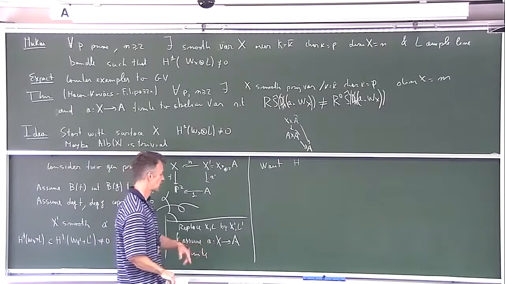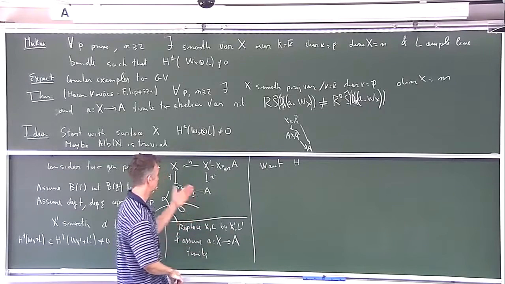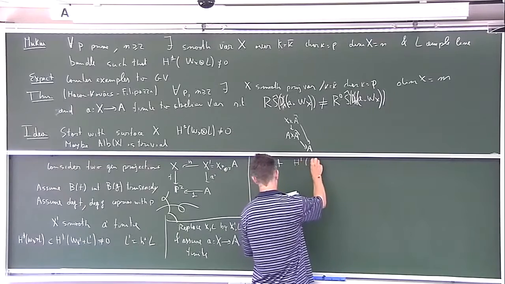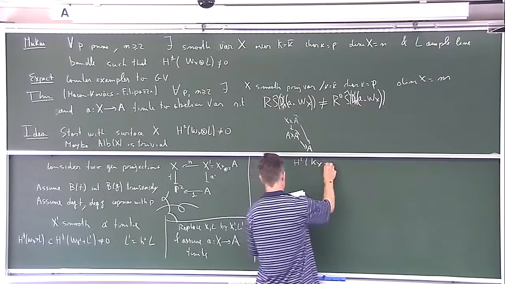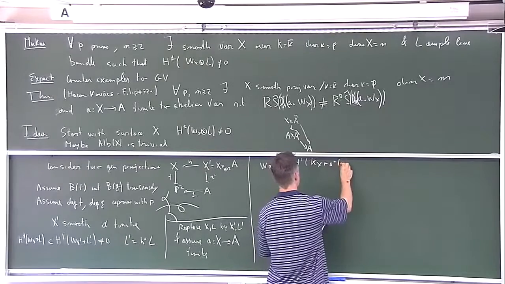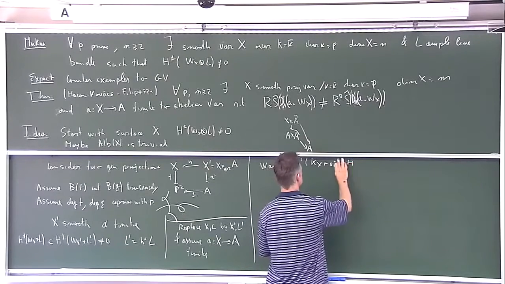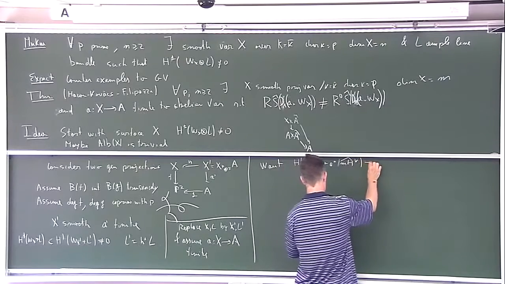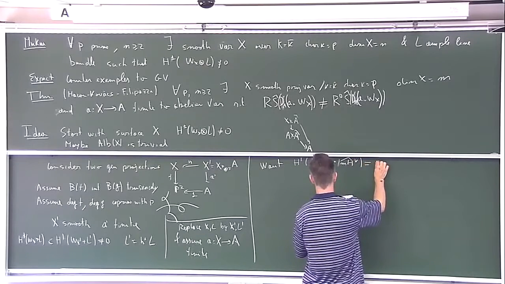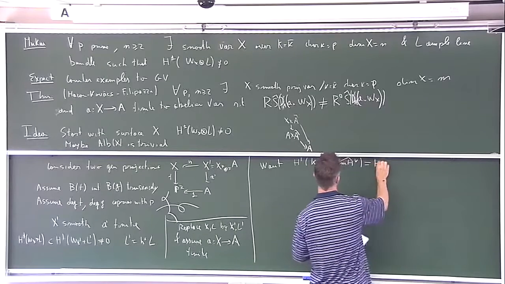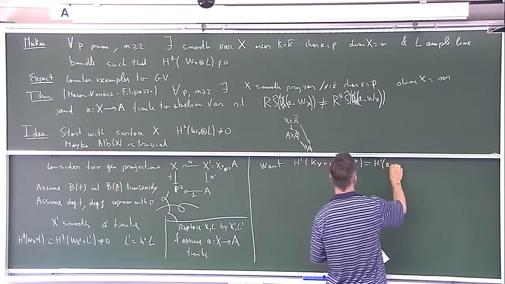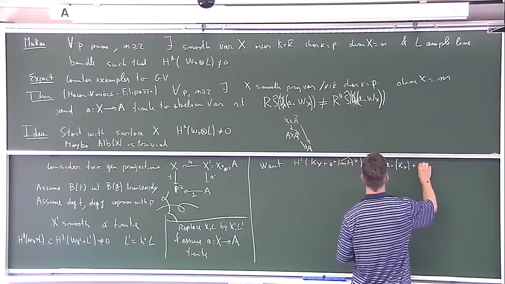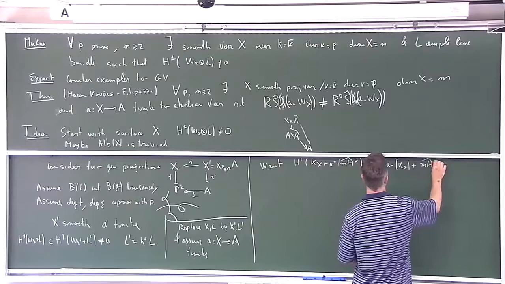Okay, so we do have that H1 of K_X plus L is non-zero, but what we want is that H1 of K_X plus A upper star M tensor H hat dual is equal to, well, one or the other, doesn't matter, A lower star of K_X plus M tensor H hat dual.